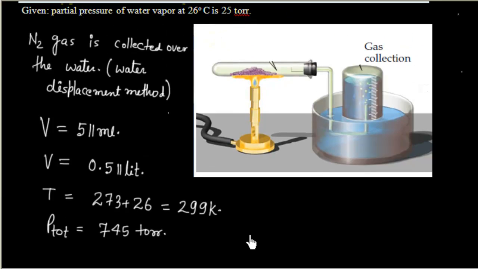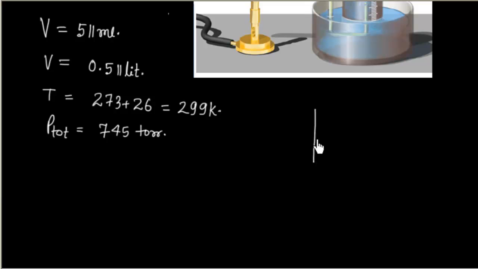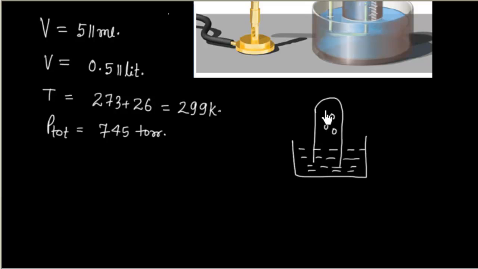Now the important point is we have nitrogen here, but the total pressure is not only due to nitrogen. Here we will also have some water molecules. So let us say this is the part of water displacement. Here we have nitrogen molecules.